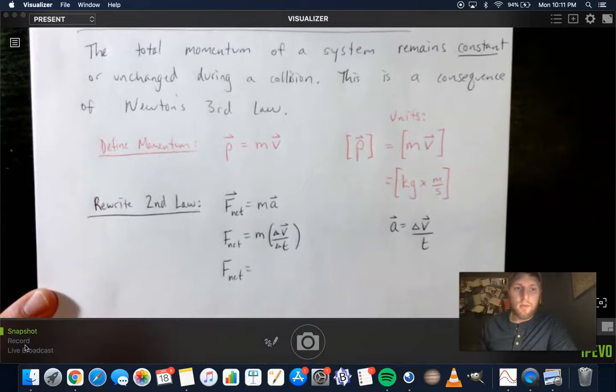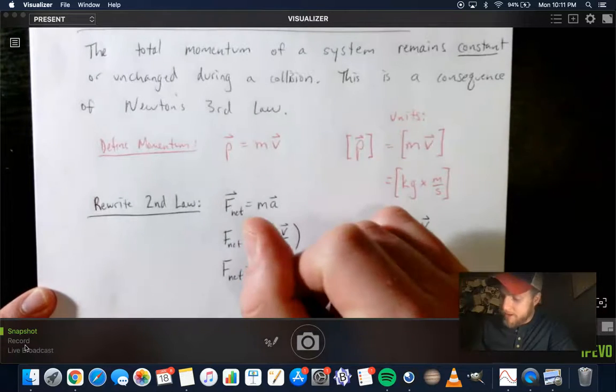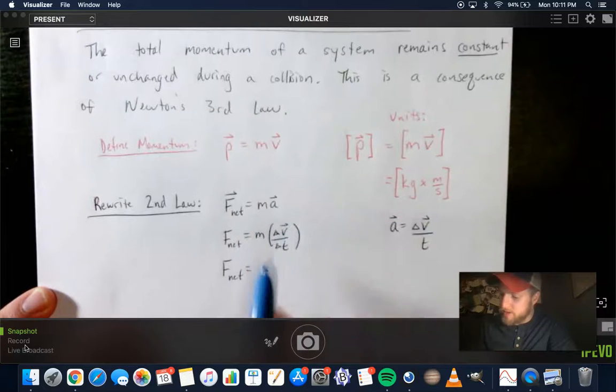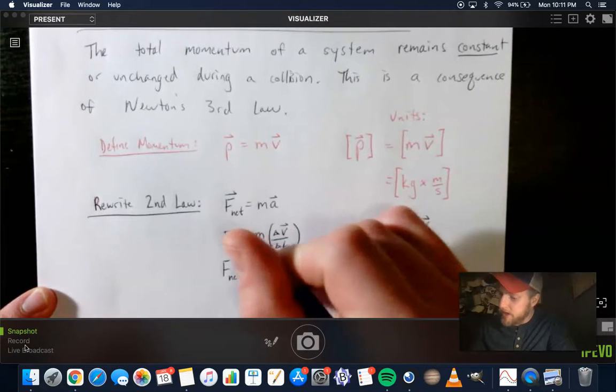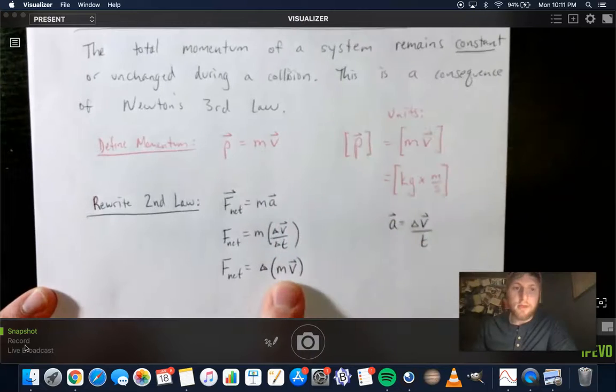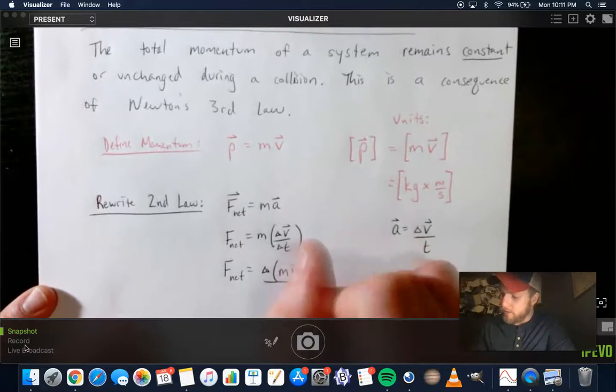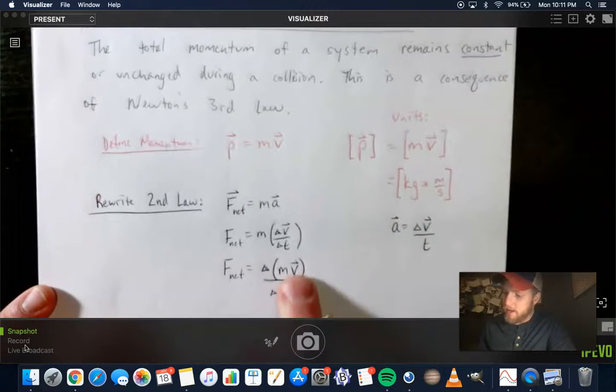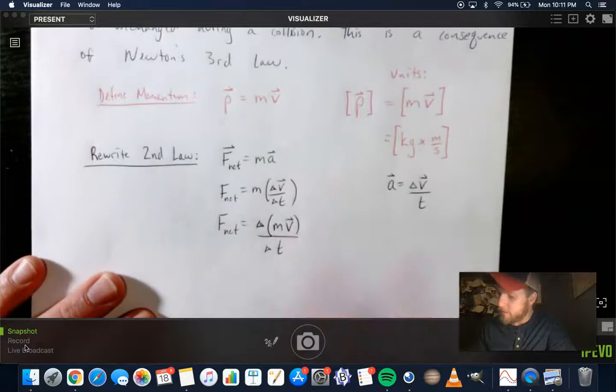Now, often when we're talking about collisions, the only thing that's going to change is the velocity. Technically speaking, conservation of momentum and Newton's second law apply even if the mass changes. So we're going to pull the delta for change out front, and pull the mass inside. Technically, that entire quantity, mass times velocity, can change over delta t. And you'll notice there we've got m times v.